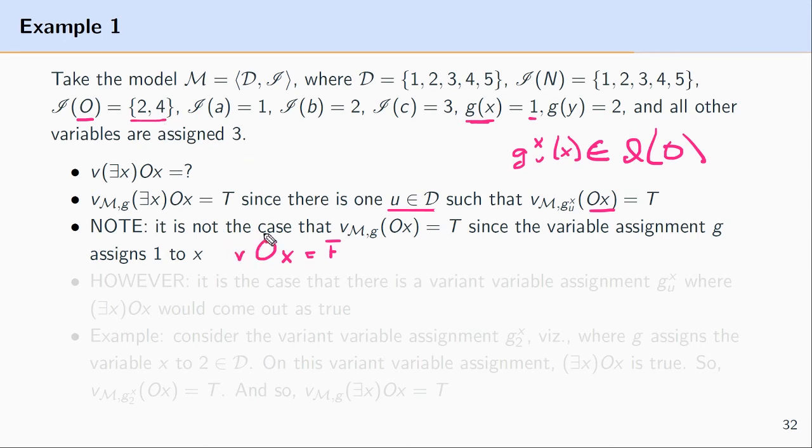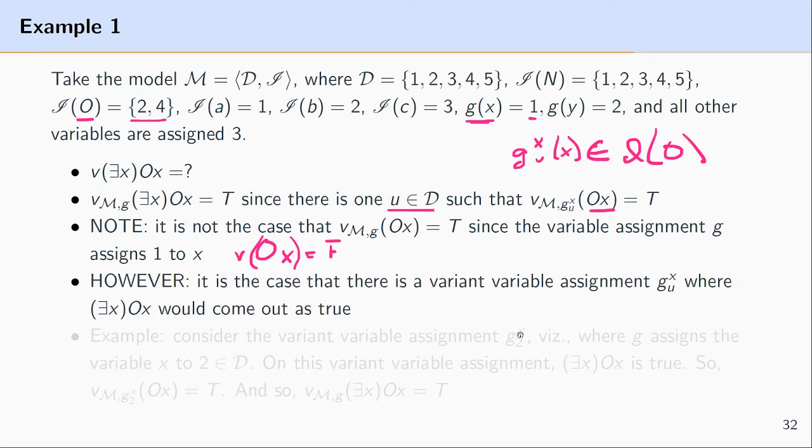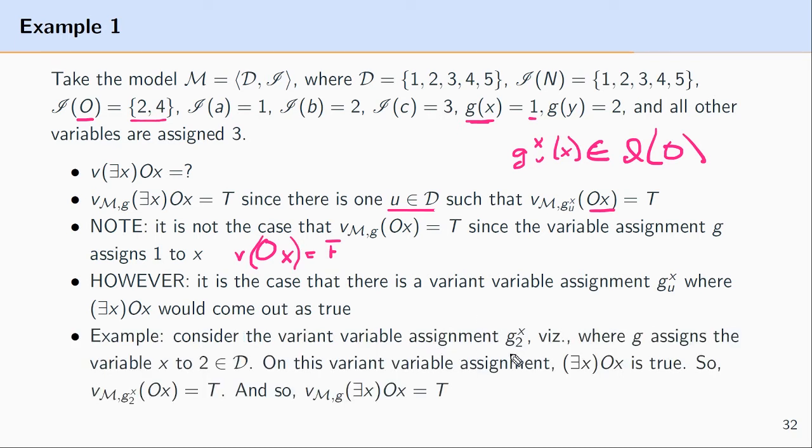So if we simply took the variable assignment for x and tried to determine the truth value of ∃xOx using just that assignment, we would get the wrong result. What you'll note though is that there is at least one variant variable assignment, g[x/u], where ∃xOx would come out as true. Let's look at just one of them. Consider the variant variable assignment g[x/2], that is, the variable assignment that takes x and has x denote 2.